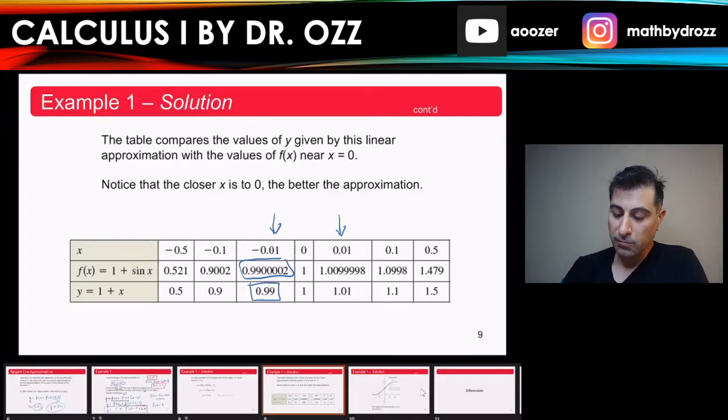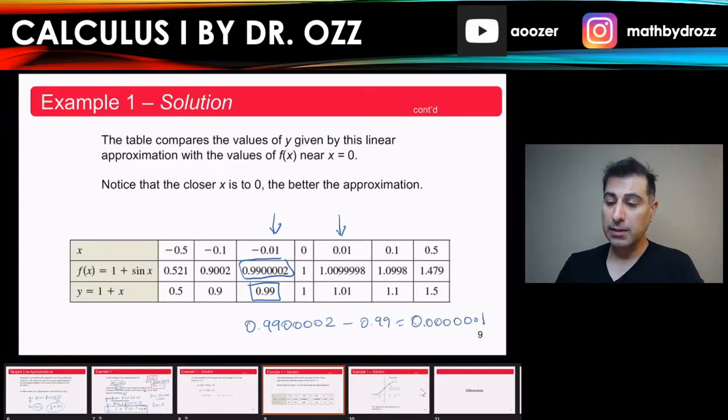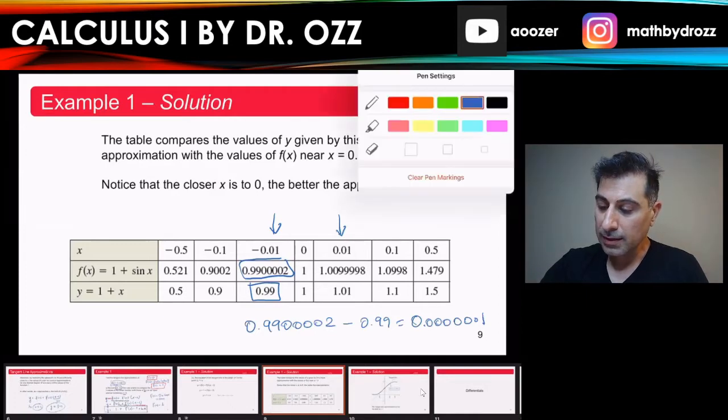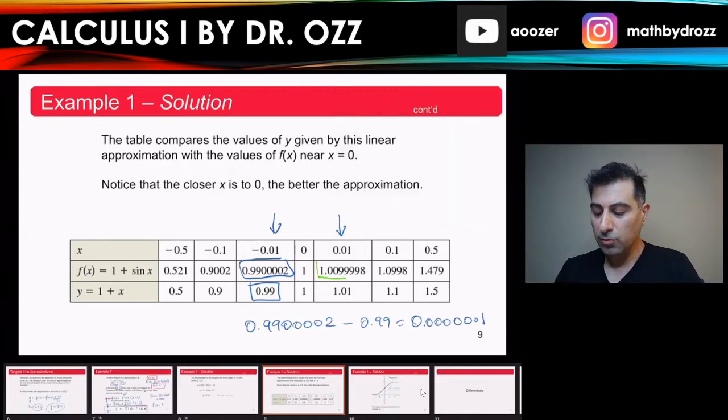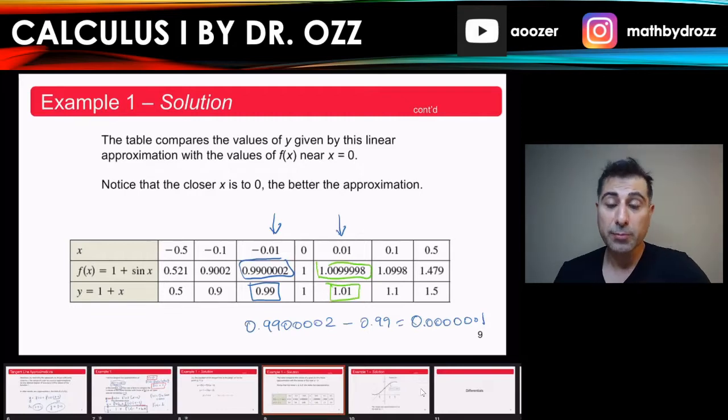So if you look at the error here, 0.9900002 minus 0.99, you're talking about like what? 0.0000002, so 10 to the minus 7 almost. That means if you're around 0, then this is a very good approximation. And same thing here. So this is the actual value, essentially 1.00999998, and then the approximated value is 1.01. That's as well a very, very good approximation.